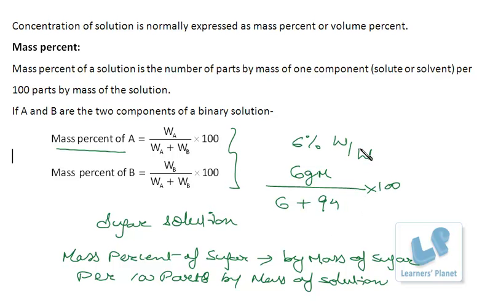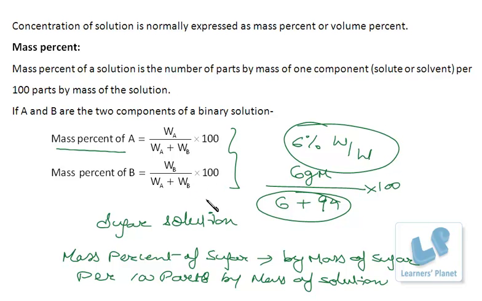So this is 6% weight by weight. This is the weight of the solution. So the relative mass of one of the components per 100 parts by mass of solution is the mass percent.